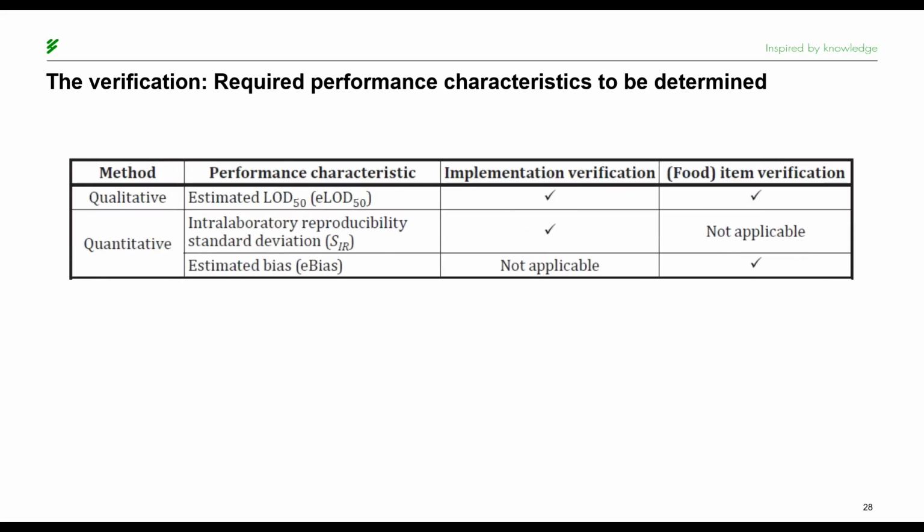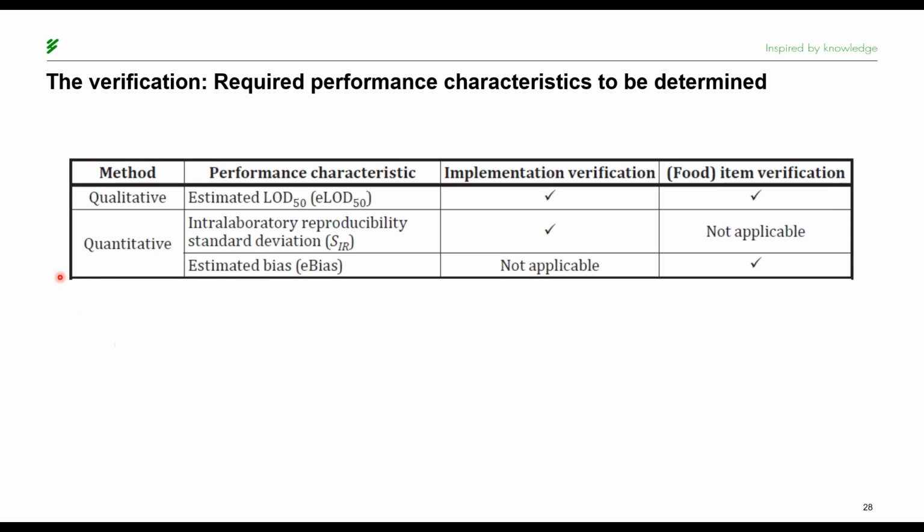Then we have here the required performance characteristics to be determined for the verification. There are different ones, like we've seen, depending on the type of method, qualitative or quantitative for both verifications. So for qualitative methods, only one performance characteristic is required to be determined. We have it here, and it is the estimated LOD50 required for both the implementation verification and the food item verification.